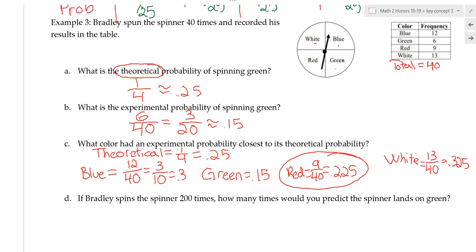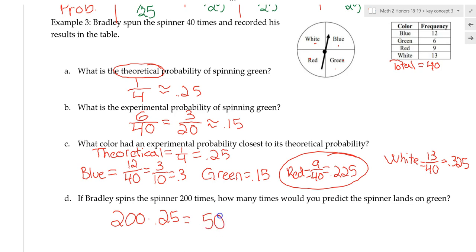Okay. If Bradley spins the spinner 200 times, how many times would we predict the spinner lands on green? When you are predicting probabilities, we're going to use our theoretical probability of, right, it's probably about 0.25 here, or times 1/4, whatever.